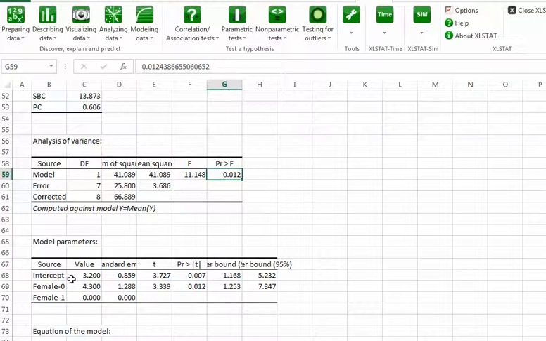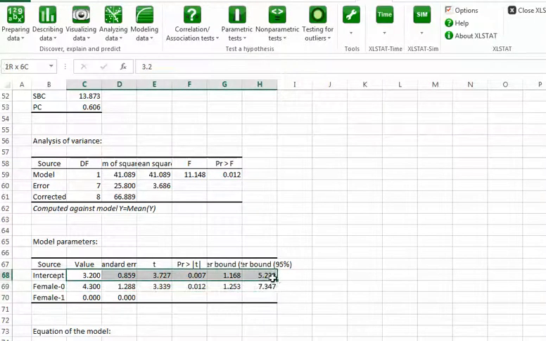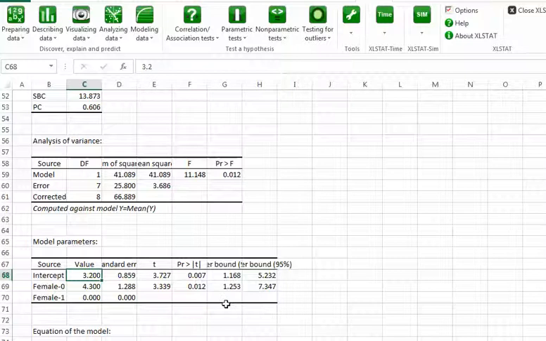Then we have this intercept. That's just, if every value was 0, this is what it's going to be. And then we get this effect for female equals 0 is 4.3.